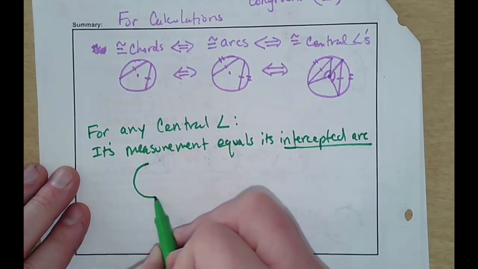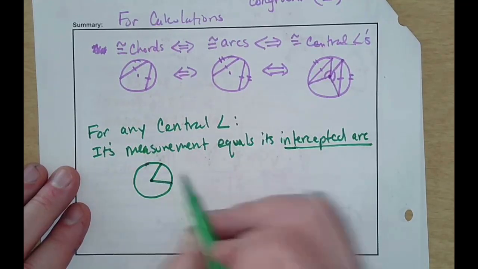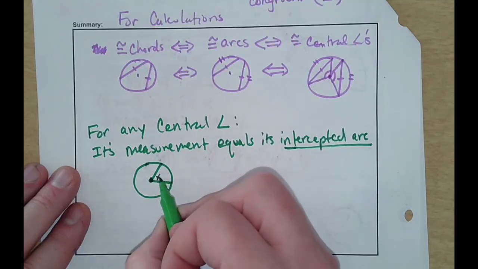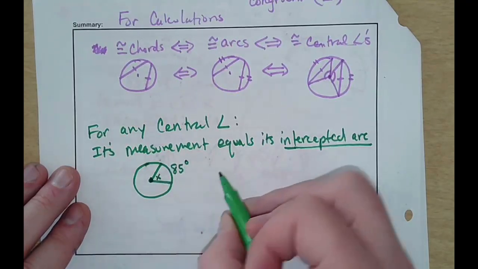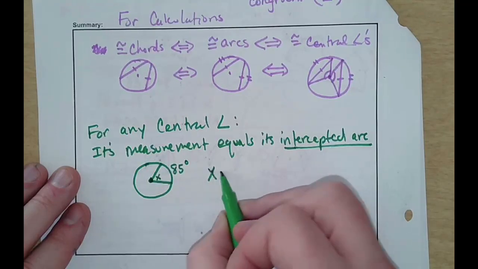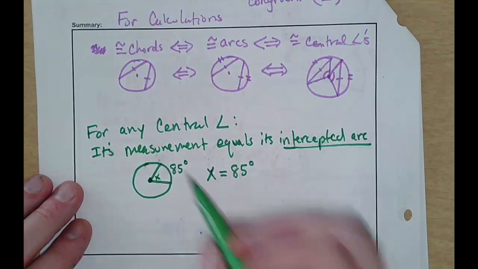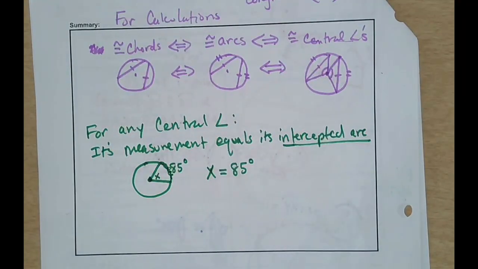So if you have a circle like this, and I draw a central angle, this would equal whatever number goes here. If I put 85 degrees, then x equals 85 degrees, whatever this arc is that it catches in the mouth of the gator. Now that only works for central angles. That's the easiest of the rules.